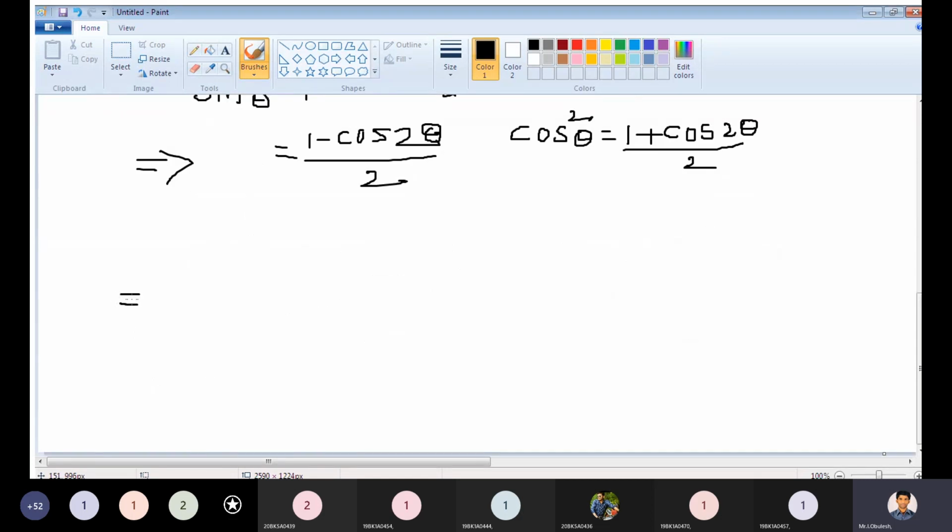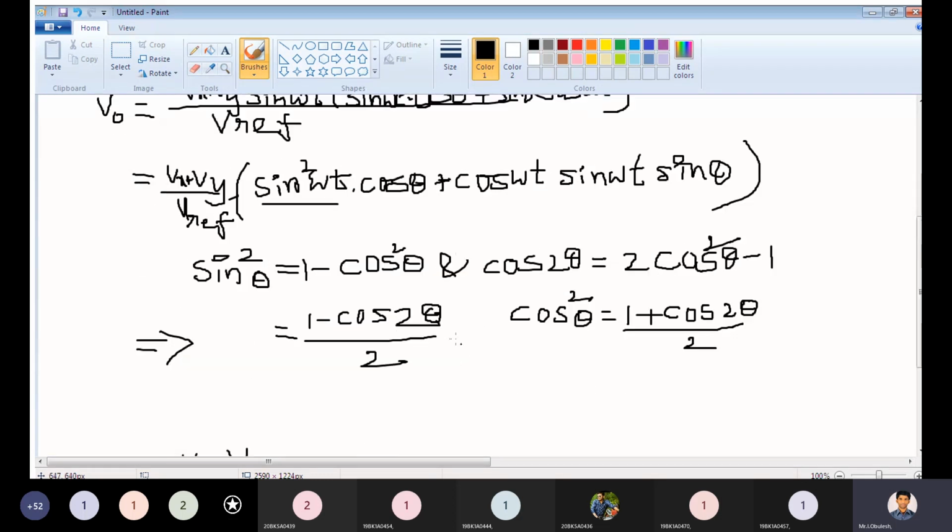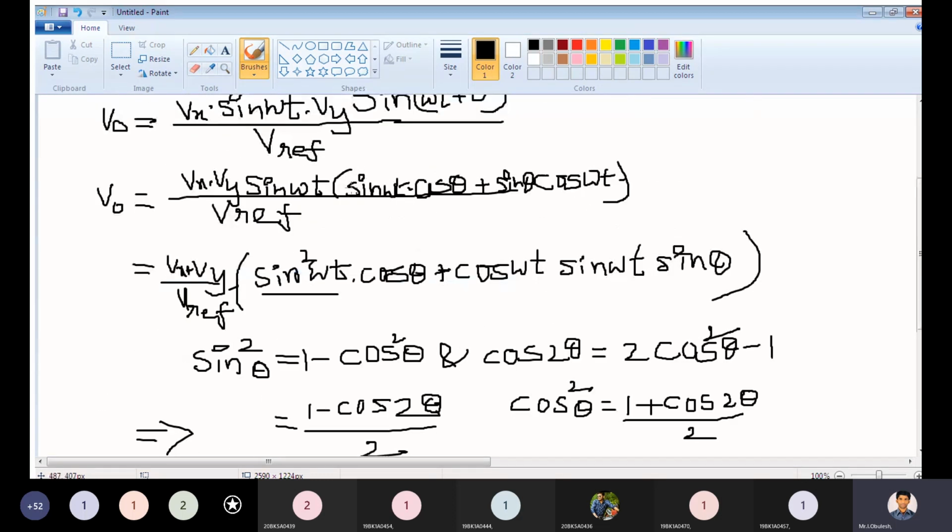Once you simplify that expression, we will get this. V naught is equal to Vx into Vy by V reference. This is a sin square term, so in that you have to substitute 1 minus cos 2 omega t by 2.